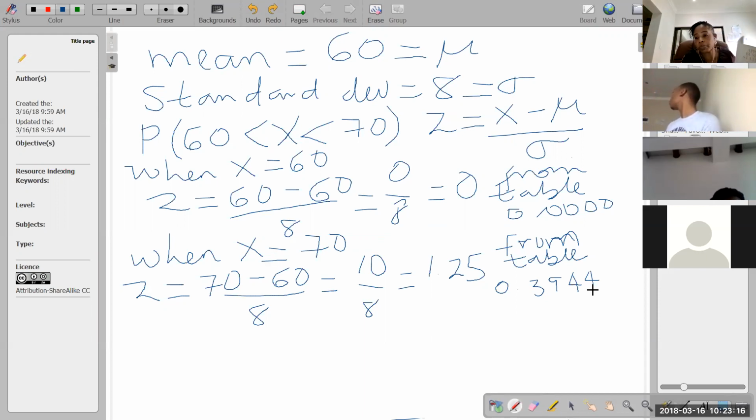Is this okay up to this point? Next, we need to determine the area, because it's from one point to another. So let me clean up this space, then we can draw our graph.